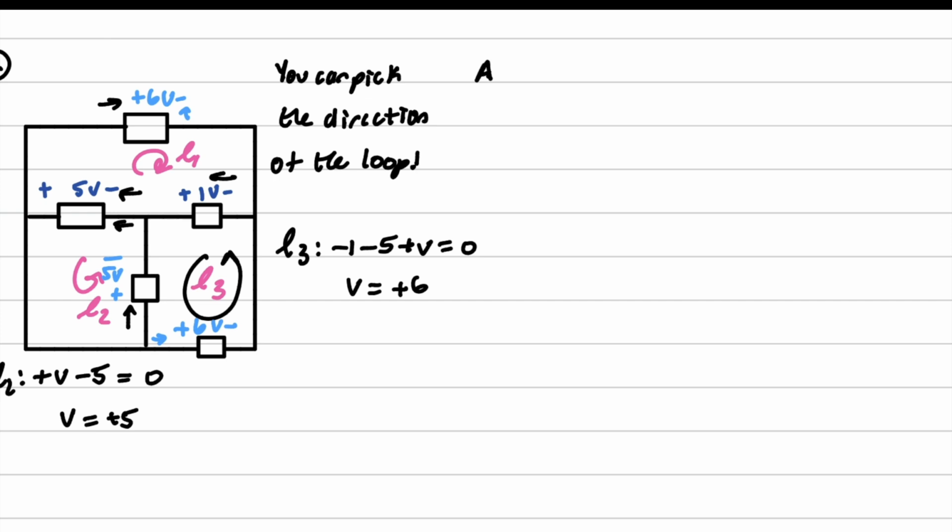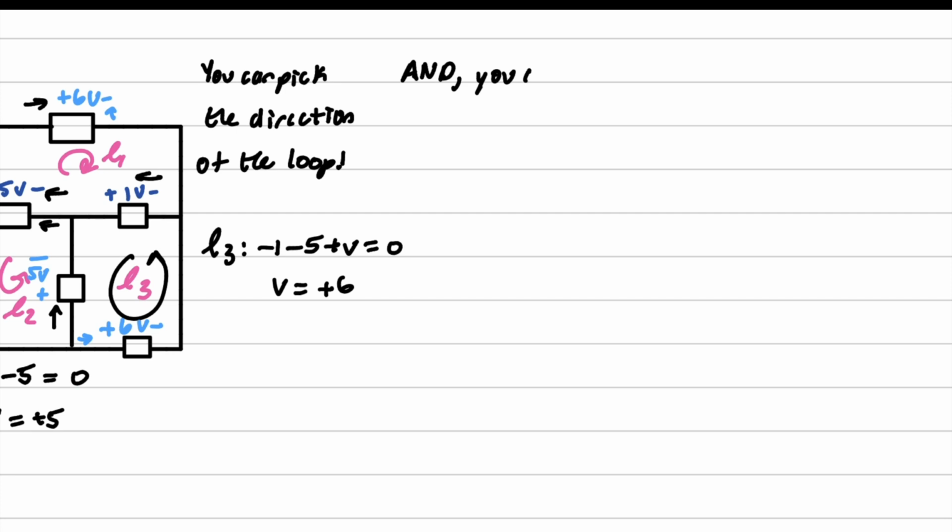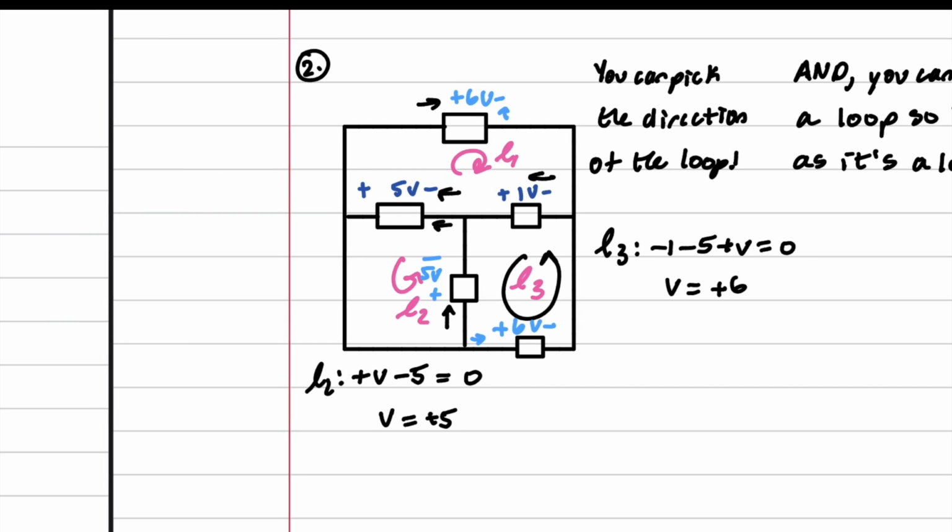And you can draw a loop so long as it's a loop, right? So we know that this is a loop. We know that this is a loop, which we used. We know that this is a loop, which we didn't use, right? And those are all valid. Okay?